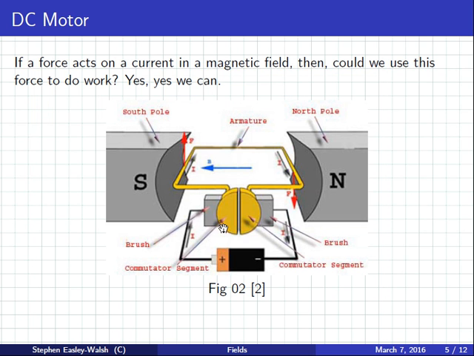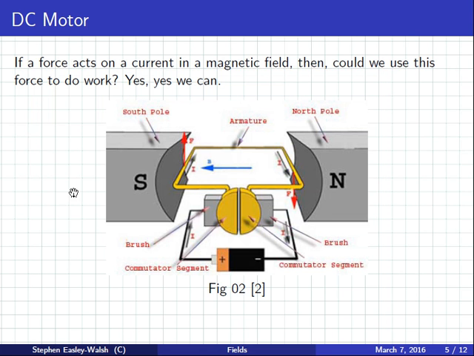This one here. Now it is normal enough, like maybe in 20% of the exams or 15% of the exams, they ask you to draw the DC motor. So you get marks obviously for having the right parts. What are the parts you need for the motor?